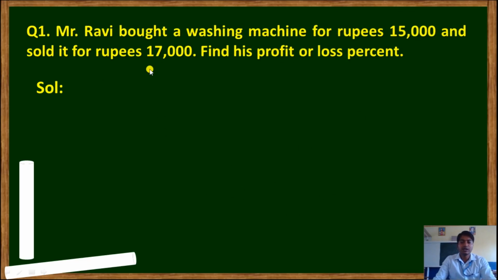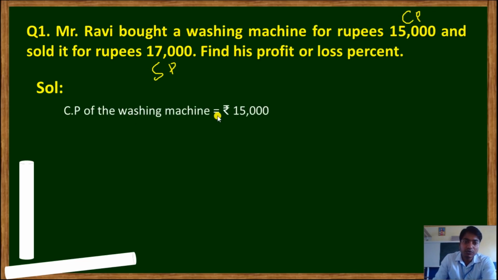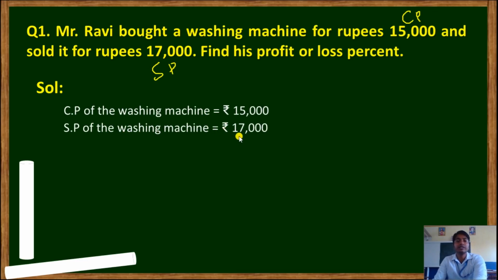Now this is an extra question that is not in your exercise 15.1. Mr. Ravi bought a washing machine for rupees 15,000 and sold it for rupees 17,000. Find his profit or loss percent. So cost price is 15,000 and selling price is 17,000.